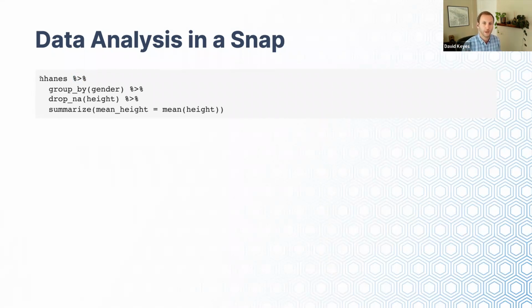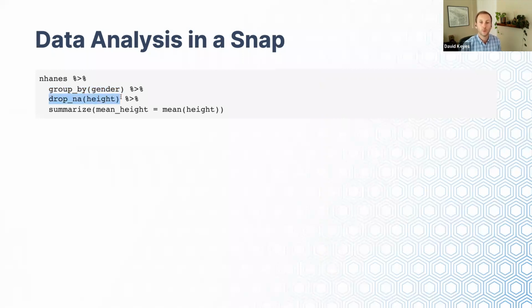So for example, we're saying, start with the NHANES data, then group by gender. Let's say we want to get average height by gender from this survey, and they have closed response gender categories. So say we want to group by gender so that we can do a summary for males, do a summary for females.